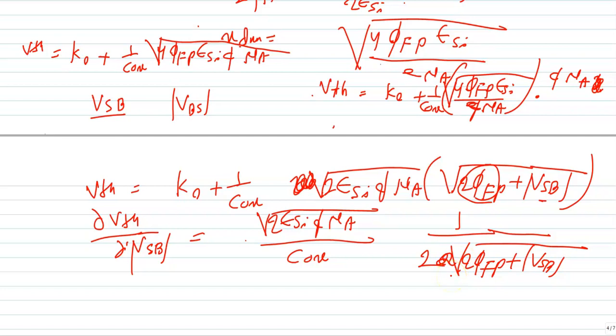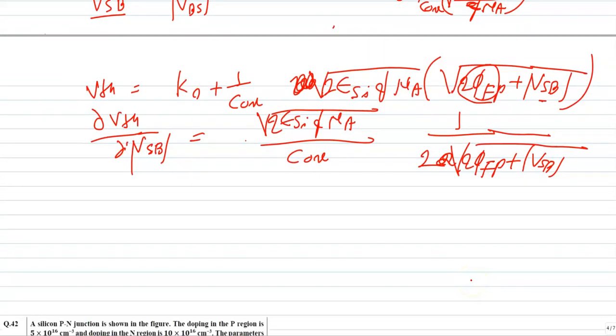The condition given is that VSB magnitude is very much greater than twice phi Fp.